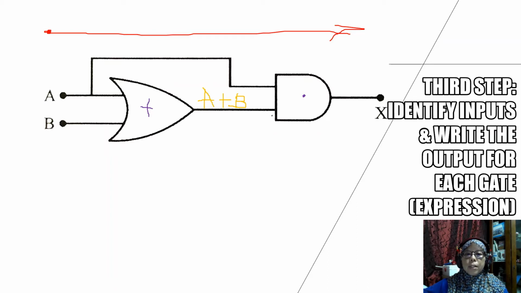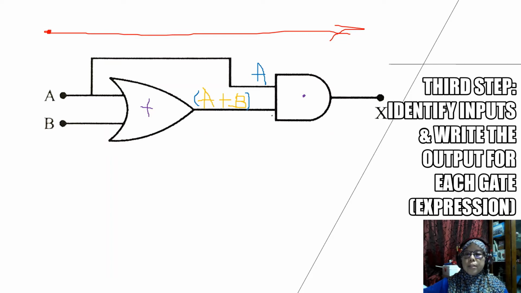Okay, then after that, we look at the AND gate here. So there are also two inputs involved. The first input is A, right? And the second input is A or B, and we know that A or B ni mesti dibuat terlebih dahulu, right?